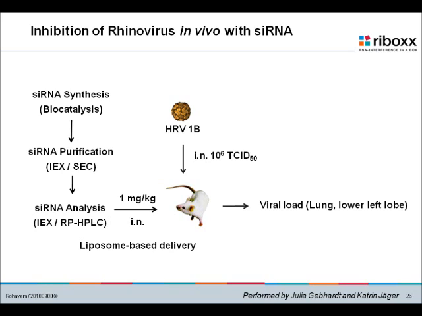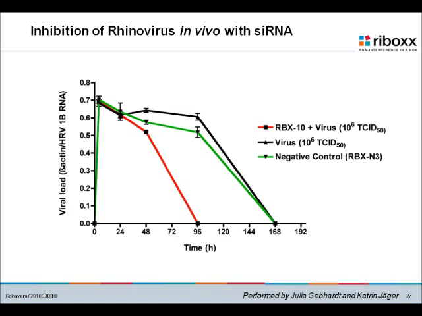So it's like 20 micrograms, 2.5 nanomole of siRNA intranasally with a liposome-based solution, and looked after infection with 1 million TCID50, also intranasally, in parallel, at the viral load in the lung. And those are the results. So you have here in black the viral load without treatment of the mouse.